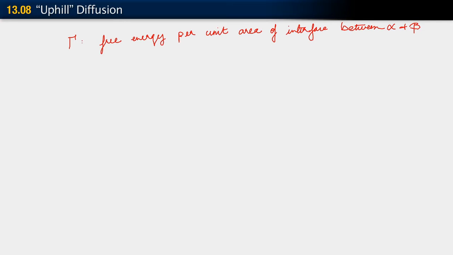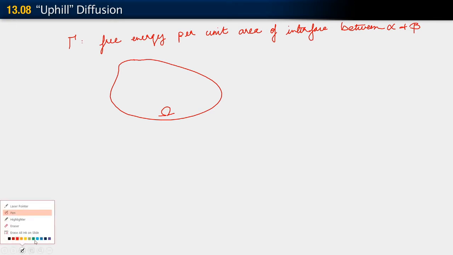The reason it exists is because across this interface between alpha and beta, the chemistry of the material is changing. If you go out in that direction, what you will see is that the chemistry is changing from beta to alpha.